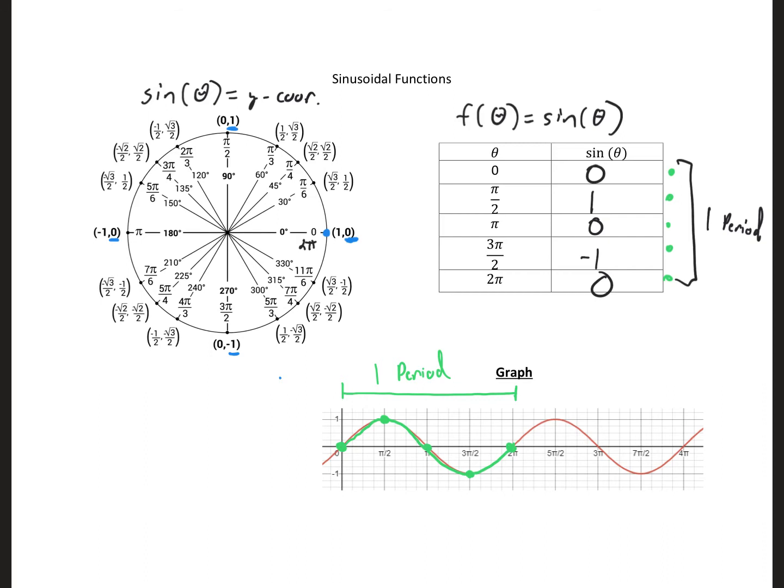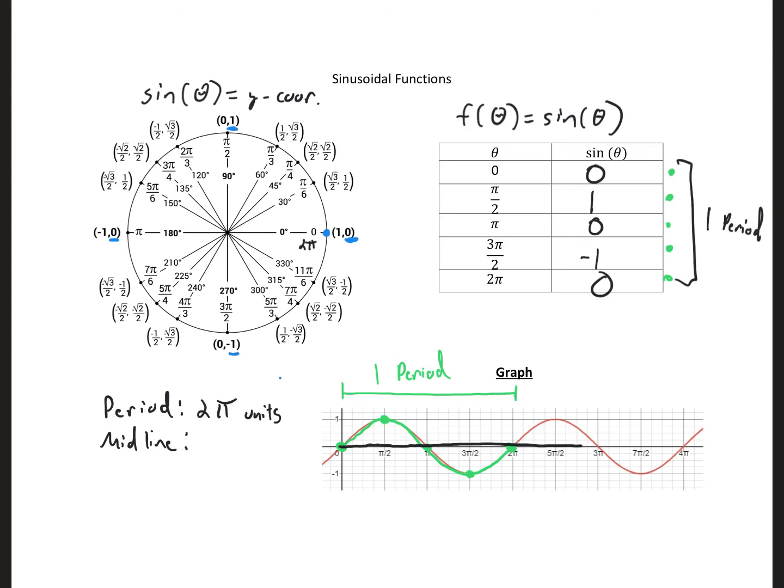So a few things to note if you're talking about sine. The period, the time it takes to get around the unit circle, is 2 pi units. The midline, if we look at our graph, notice how the midline is actually just the x-axis.